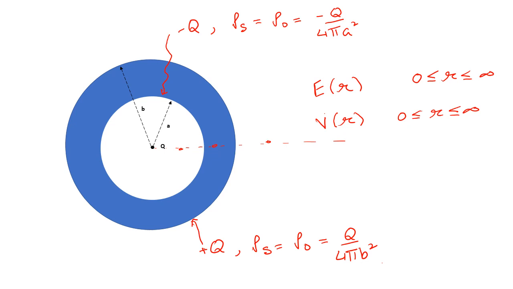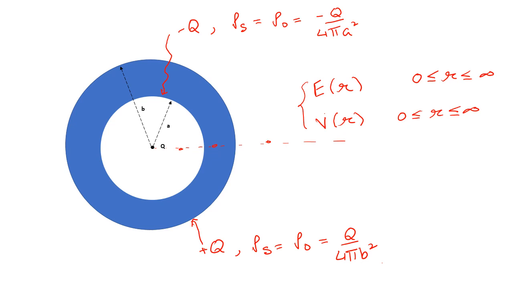Since we have to calculate these terms, and as we have discussed in class for both electric field calculations and electric potential calculations, the first question we always ask is: is the charge in the problem symmetrical, and if it is symmetrical, can I somehow use Gauss law to calculate the electric field?